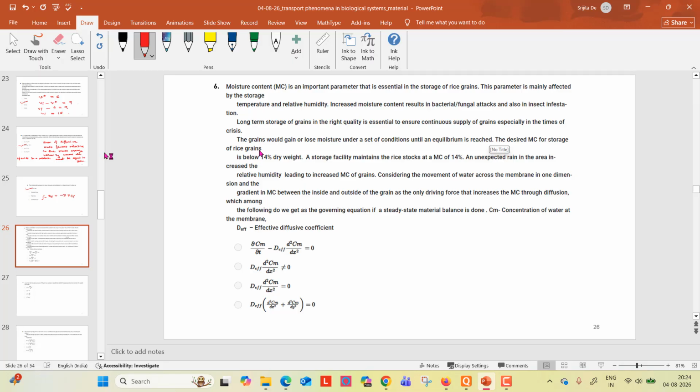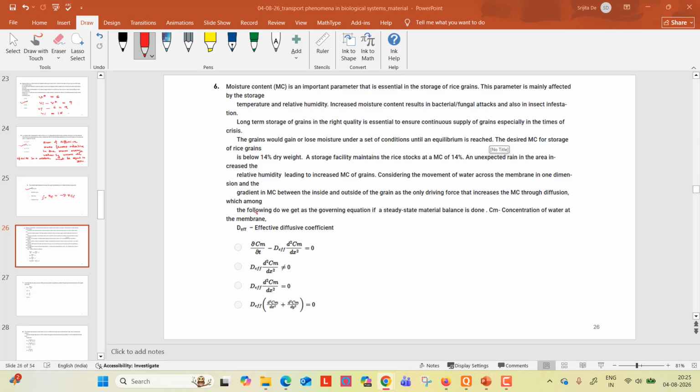Moisture content is an important parameter that is essential in the storage of rice grains. This parameter is mainly affected by the storage temperature and relative humidity. Increased moisture content results in bacterial and fungal attacks and also in insect infestation.